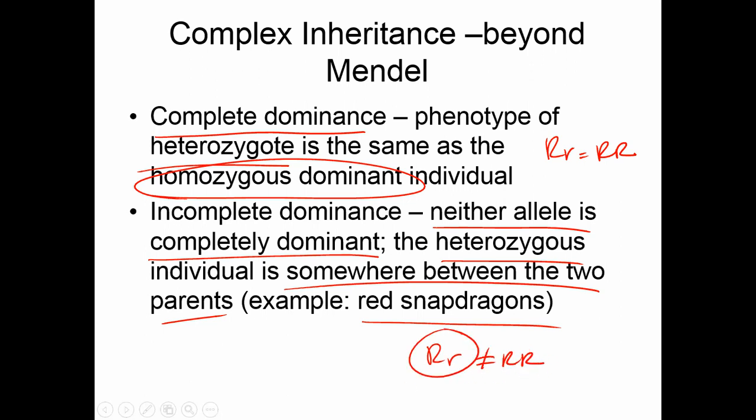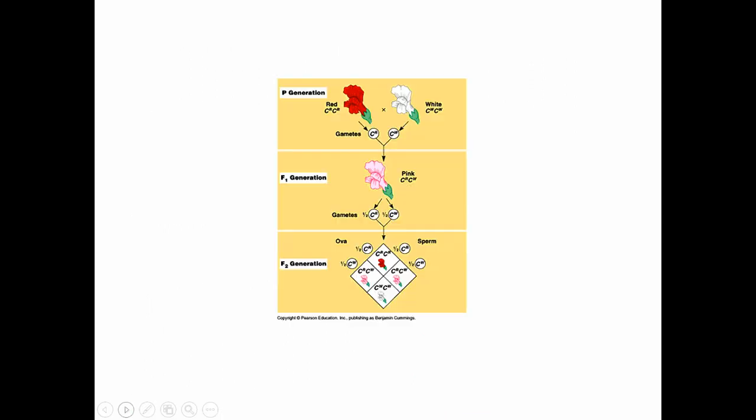This is going to be something different, and it's a kind of a blending of the two. And so when you mate red and white, you end up with pink instead of red or white. And we write these a little different. We usually say color is our letter, and then we have red, and we have color, and we have white, so that when they come together, when we have this, that's going to equal our incomplete dominant pink.